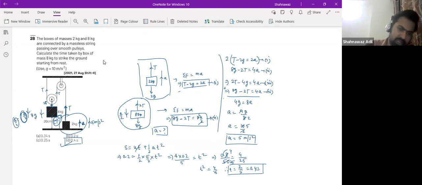So this a and this a are different, right? This is actually a by 2, but I should have written a prime, but you guys can understand.